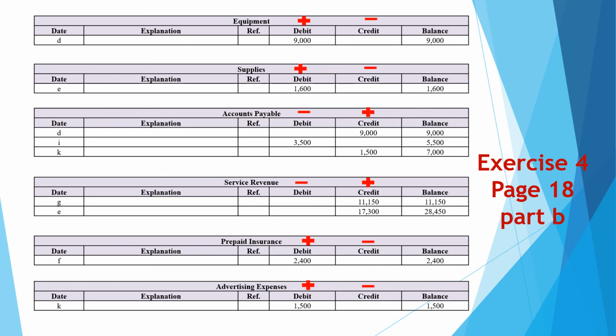Now, you can see that above the credit I put a plus and above the debit I put a minus since service revenue has a credit normal balance. To find the new balance in transaction E, we take the previous balance plus the amount of the current transaction, 17,300, and we find that the new balance is 28,450.